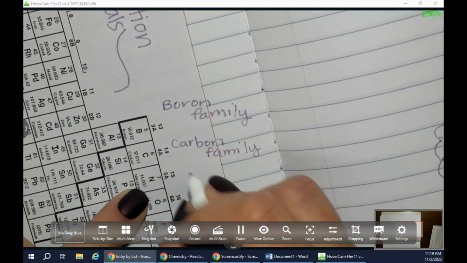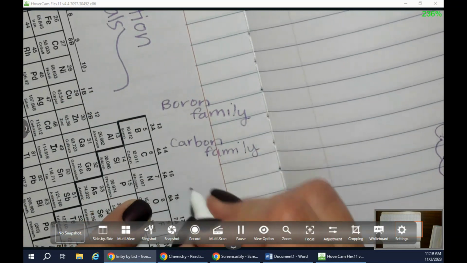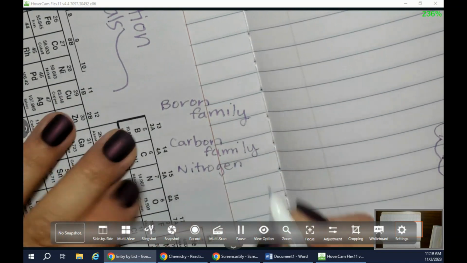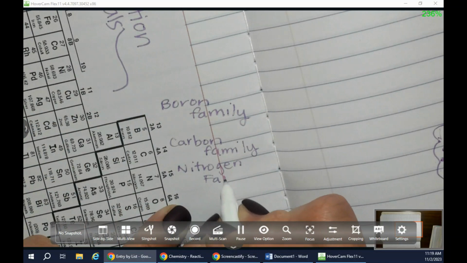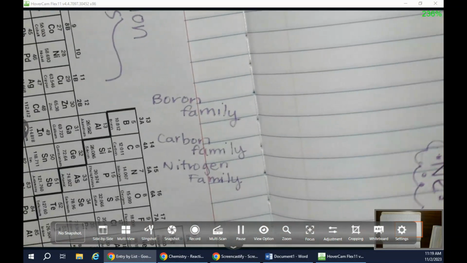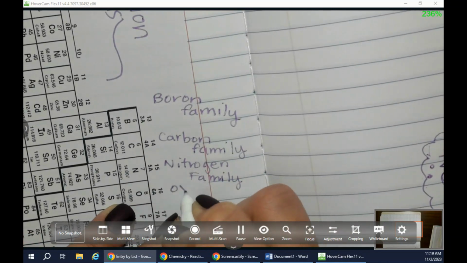Group 15 is going to be the, no, it's phosphorus. I'm just kidding. It's nitrogen. It is. Nitrogen family. I don't know how I ended up writing almost upside down. That's okay. And then group 16 is our oxygen family.